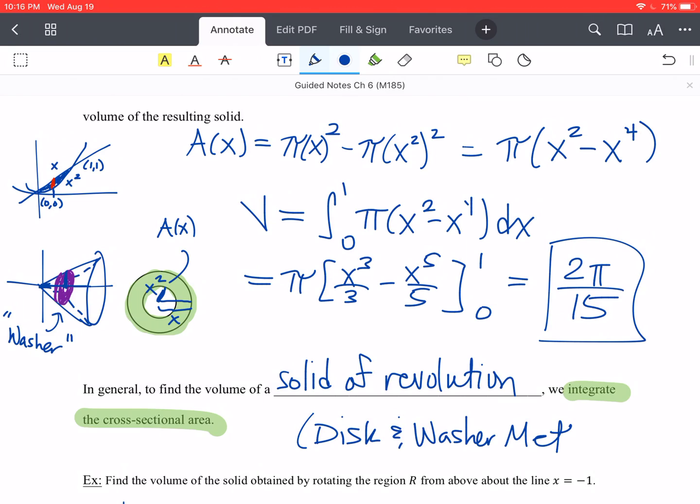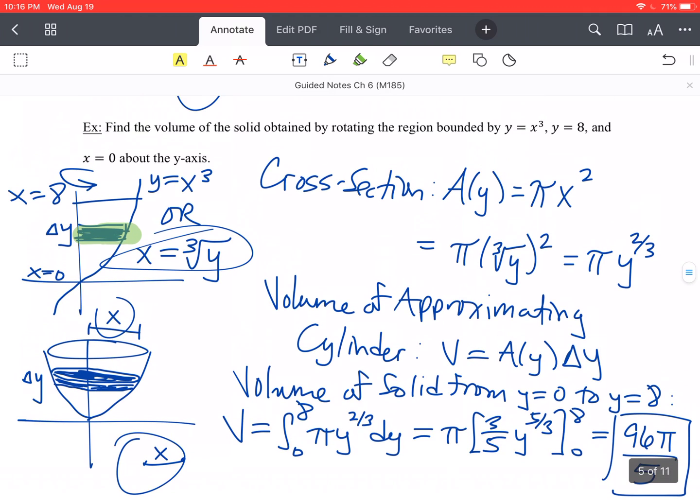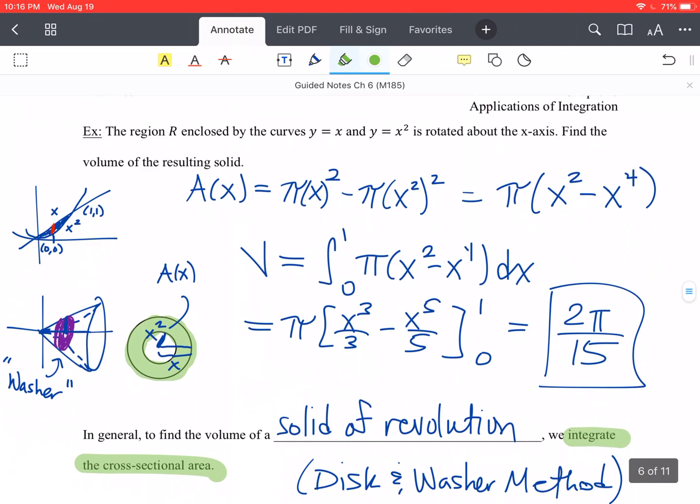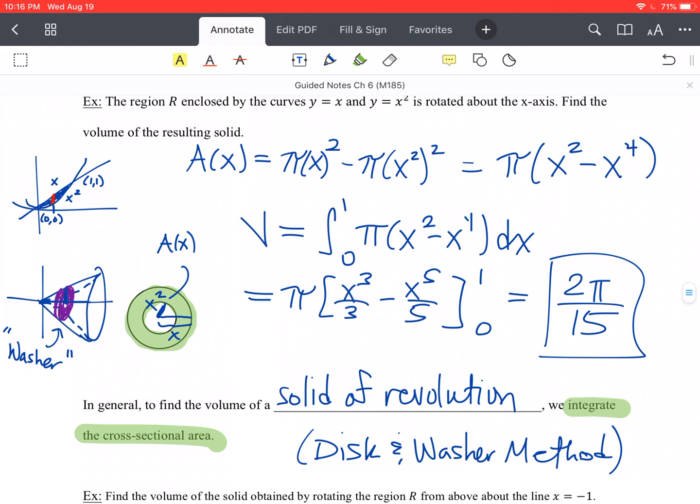And the reason we're going to signify that is because in the next section we'll see a different way to compute some volumes. But in the disk and washer method, as you saw in the previous examples, we drew disks in one to represent that cross-sectional area, and here we drew a washer to represent that cross-sectional area. So this is the disk and washer method.